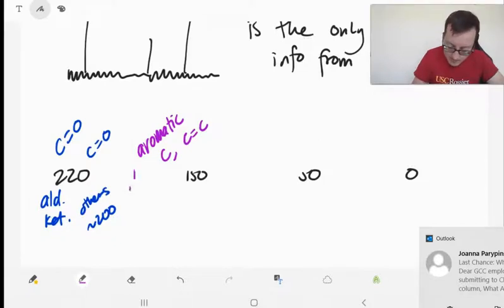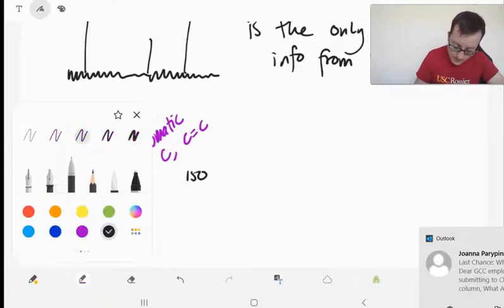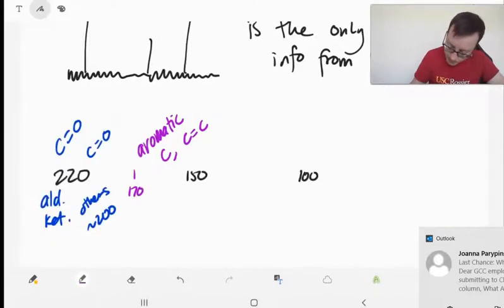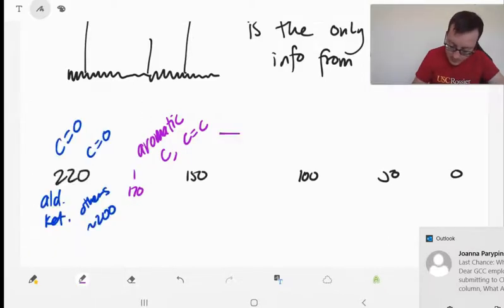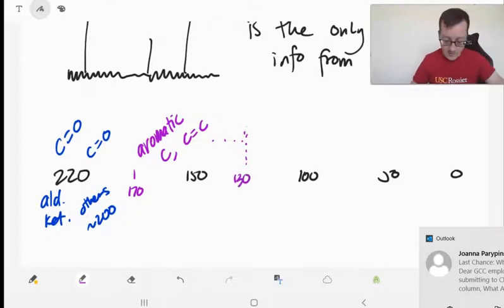Give or take. And the next region, I forgot 100 on here, didn't I? That's kind of also within the purview of the aromatic range. So maybe 130 to 170 thereabouts is where you're going to see aromatics and double bonded carbons.